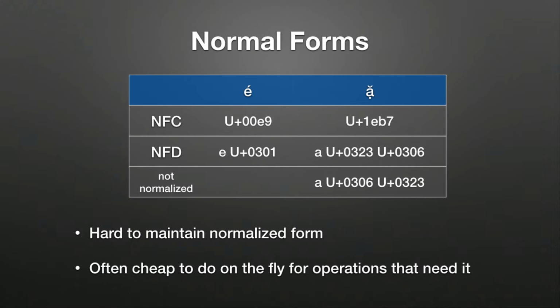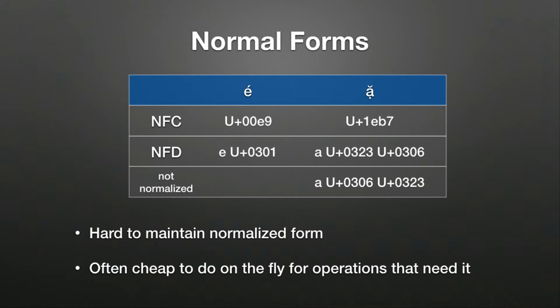Typically in Unicode, there are many characters that you can represent in multiple ways. For example, if you have an E acute, there is a code point for it, but you can also represent it as an E with an acute modifier. If you look at the second character, common in Vietnamese, A with a bunch of squiggly stuff, there's also a code point for it, but you can also decompose it into a letter with 2 modifiers.